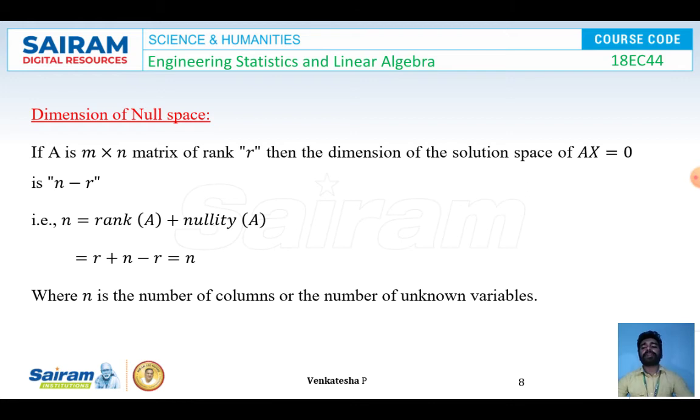Dimension of null space. If A is an M cross N matrix of rank r, then the dimension of the solution space of Ax equal to 0 is n minus r. That is, n is equal to rank of A plus nullity of A. It is given by r plus n minus r is equal to n, where n is the number of columns or the number of unknown variables.